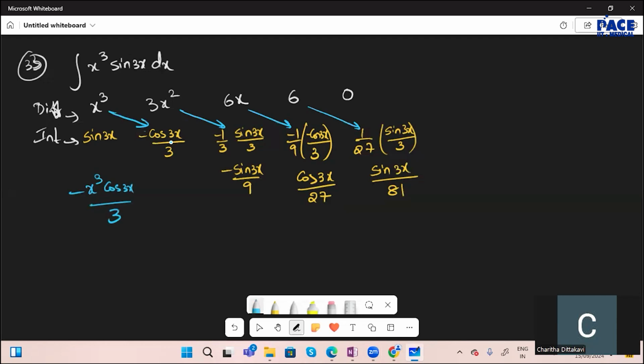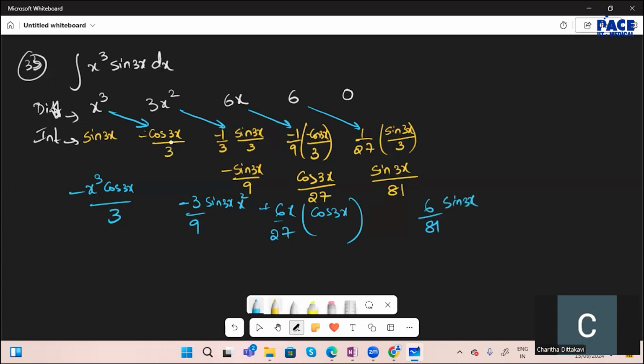Next, obviously 3x square into that is nothing but minus 3 by 9 sine 3x into x square, right? Next, 6x into that, plus 6x by 27 into cos 3x, and with the other one that is 6 by 81 into sine 3x, right?